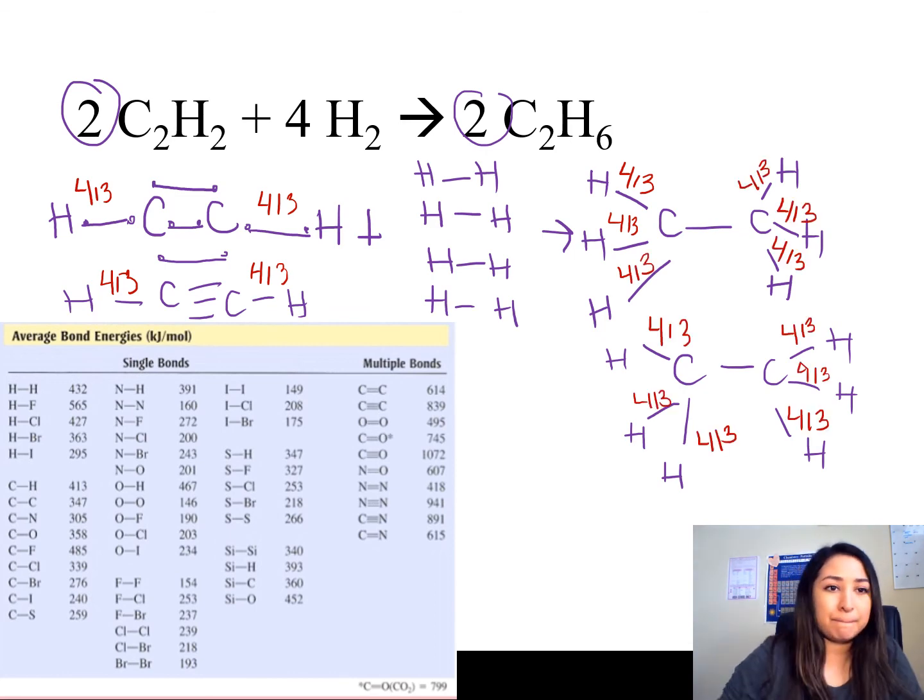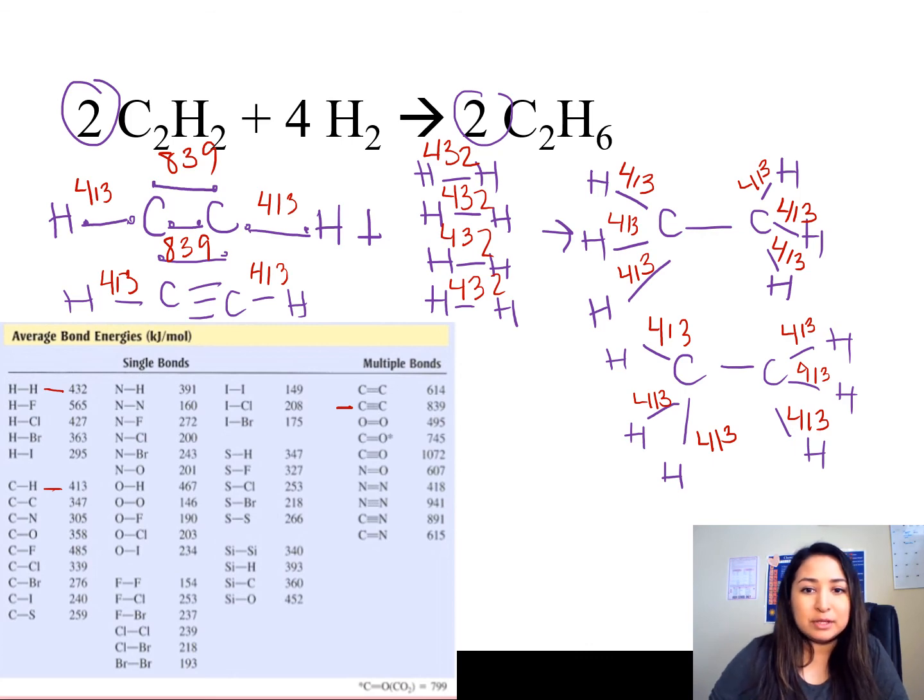Okay, I'm going to pause. Okay, so I did all the C to H's. Now the C to C, carbon to carbon, the triple bond, if you look here, it is 839. And for our hydrogens, it's 432.